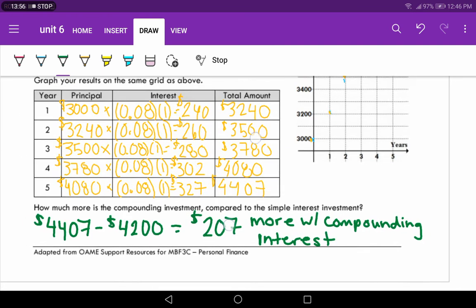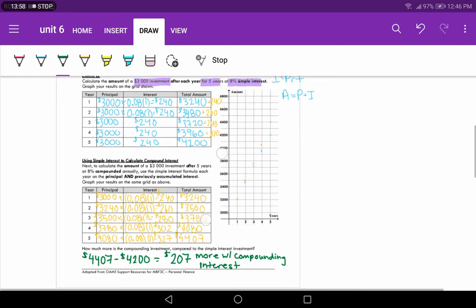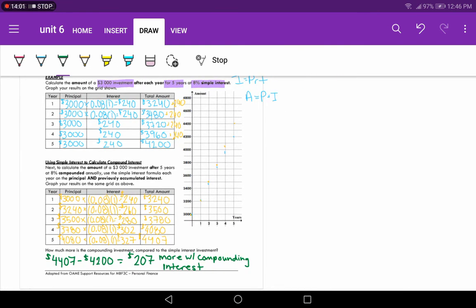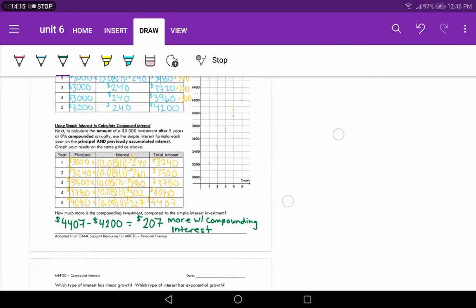Okay, and hopefully these two charts, obviously we aren't going to have to use charts to actually figure out these amounts, but the reason that I've showed you these is that you can compare directly. If everything is the same, you'll still be able to see the differences between simple interest and compounding interest.